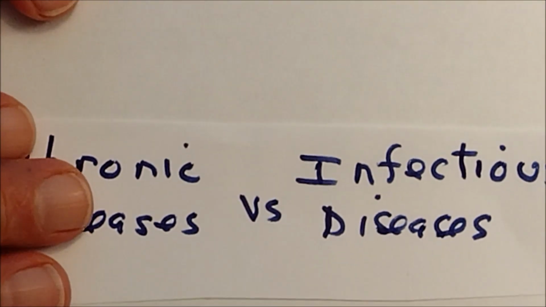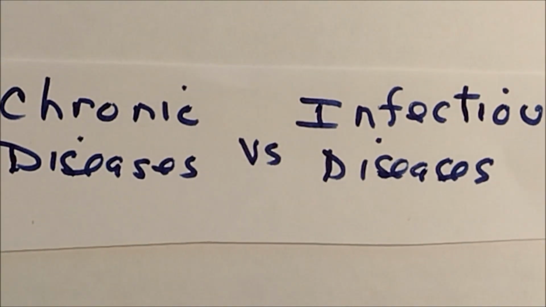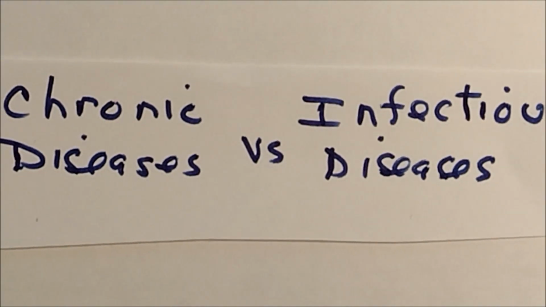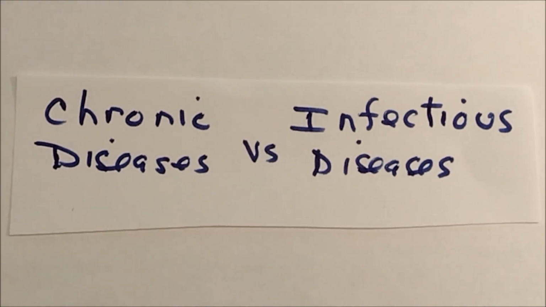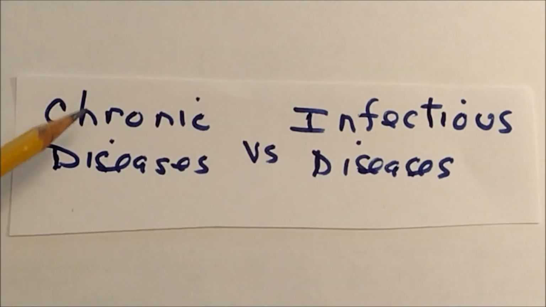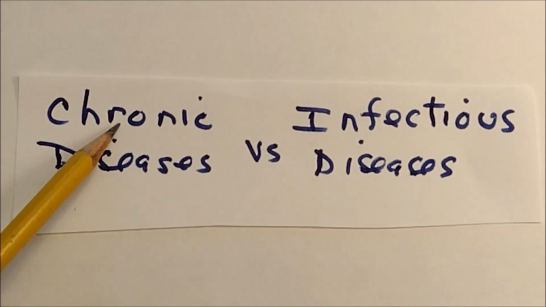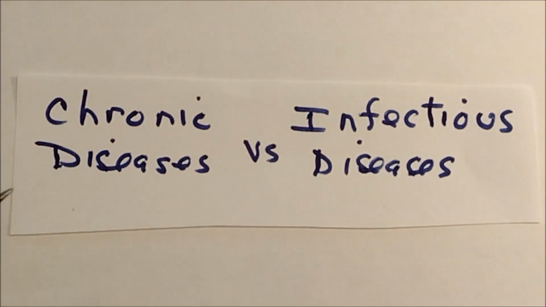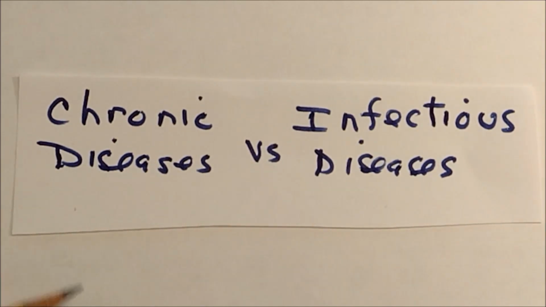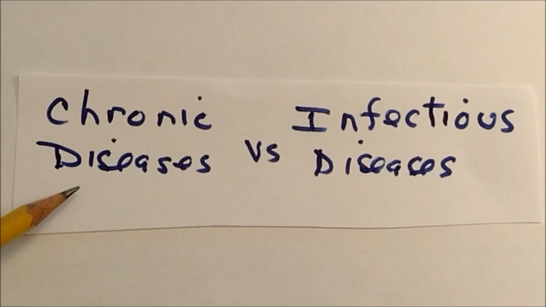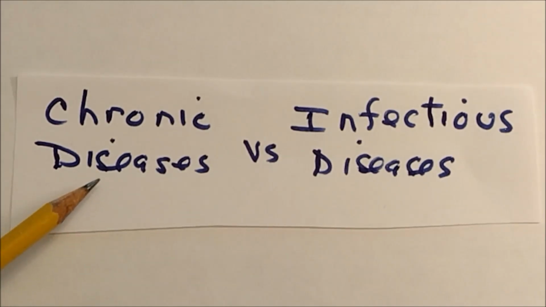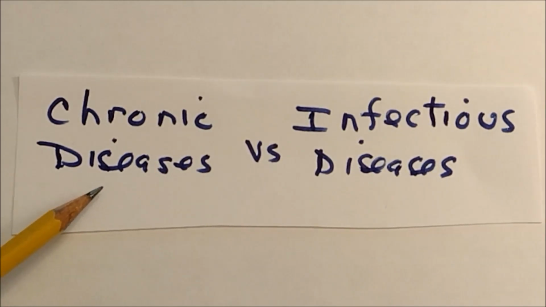Like I said, I've divided this area into chronic diseases and infectious diseases. Now, the word chronic comes from a Greek word chronos, meaning time. So chronic diseases usually last a long time, many months or many years, and they're quite prevalent in older people.